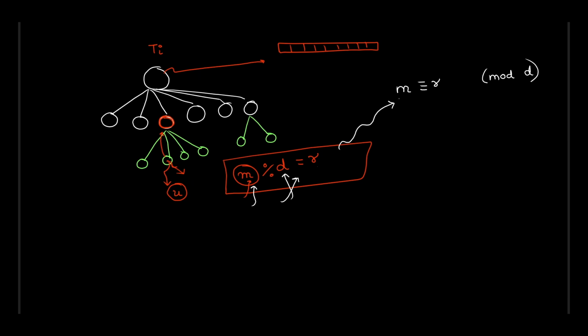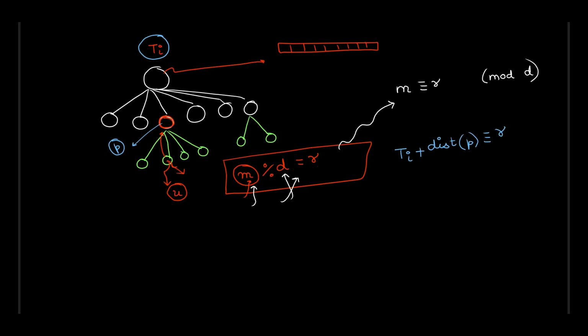But this m is still unknown, right? We are only talking about the query times. So m would be nothing but ti plus, let's say this is the node p, the parent, that's why I'm calling it node p. So m would be nothing but ti plus distance of p. This should be equal to r.